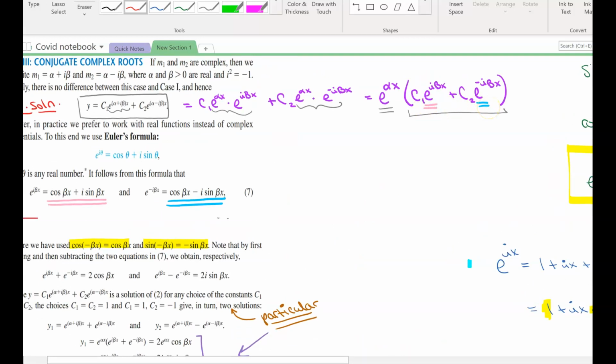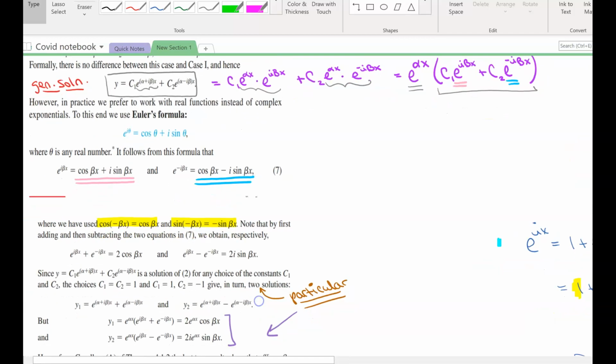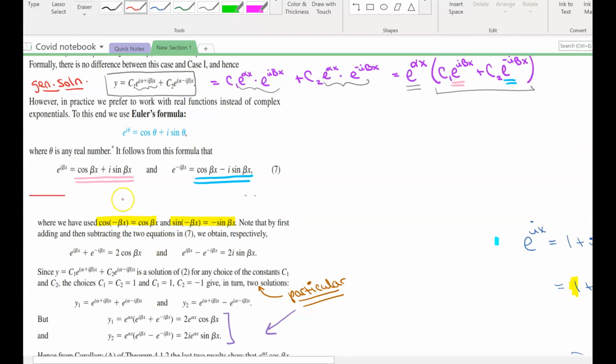And then what we're going to do here is this nifty genius trick. We're going to take these 2 expressions here and add them. When you add them, you'll notice that the i sine beta x and the negative i sine beta x cancel, and you get this.